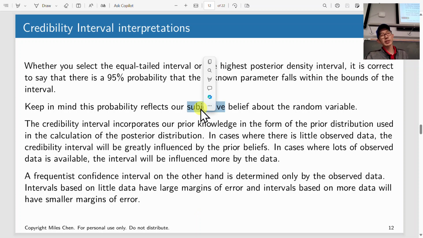And nobody likes this term subjective, but it is true that somebody else could have used a different prior distribution, right? So I used a prior distribution with shape parameters 81 and 219. Somebody else could have used a prior distribution with shape parameters 75 and 225, or 70 and 230, or something. Other values, and they wouldn't have been wrong.